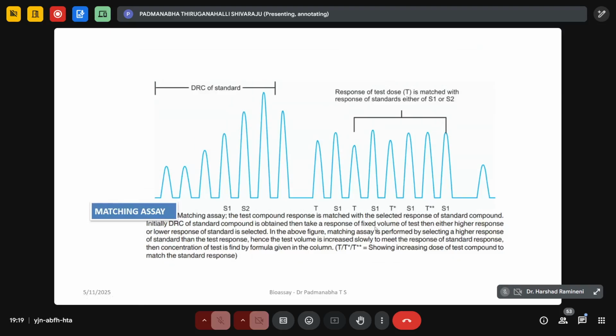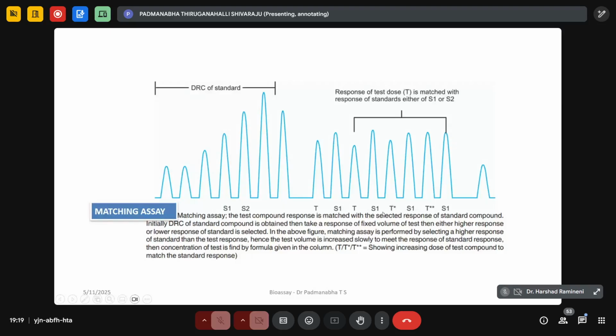Then coming to the matching assay. Here again, what you need to do is standardize the response with the standard drug S1 and S2, or the different concentrations. Later, you need to match with the standard drug response. Initially, S1 is tested for the standardization. Next, the test drug is chosen.